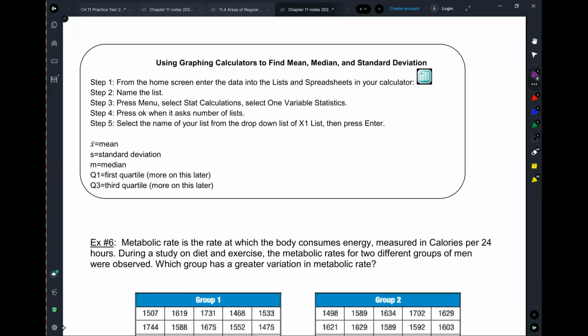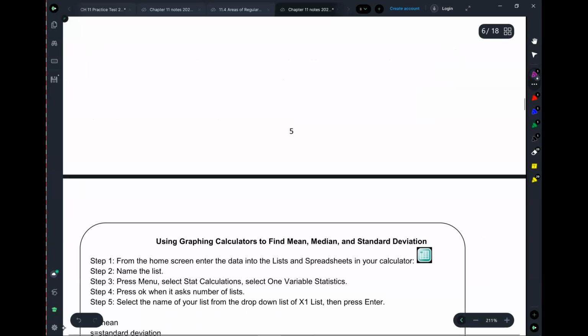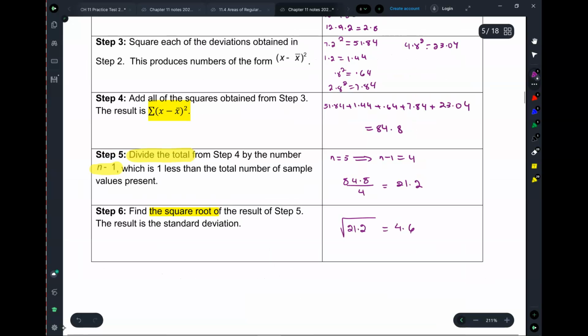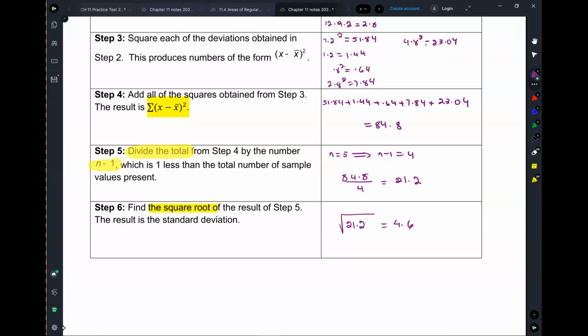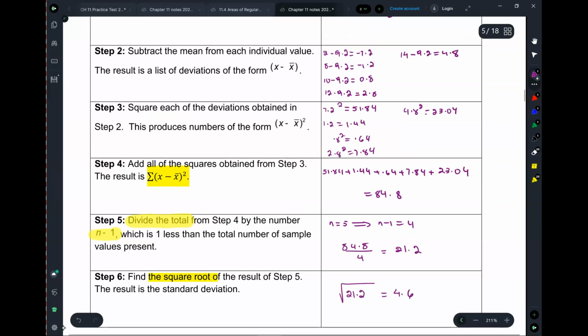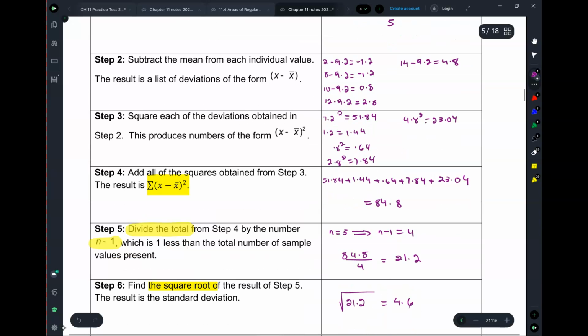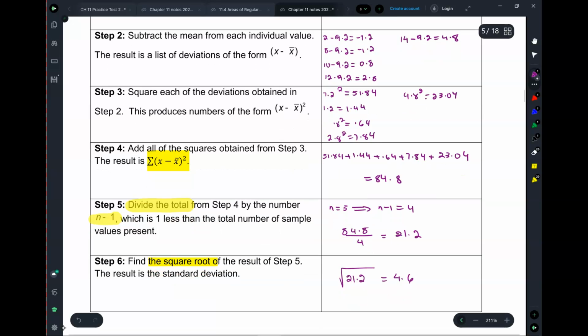Let's see how we do all of this on the calculator. Okay. So no one will have a data set of 5 points ever.